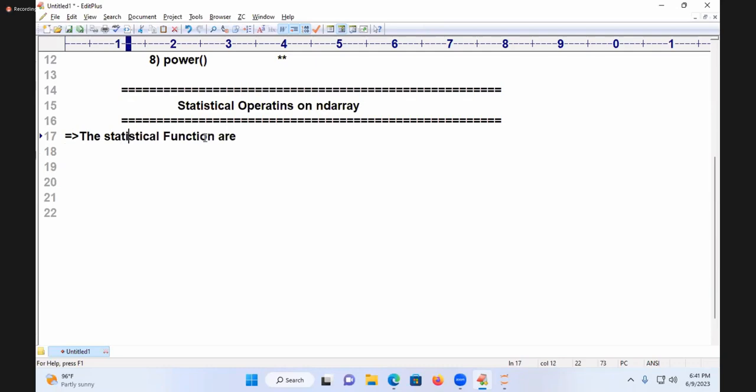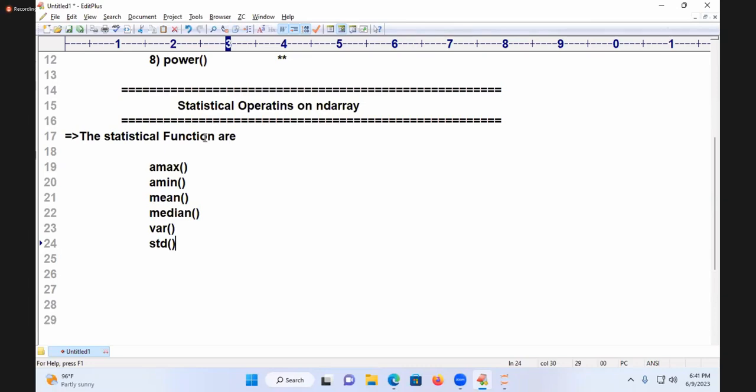The statistical functions which we are writing here: number one, A max of and A min of, next is mean of, next is median of, next is variance of, next is standard deviation of.